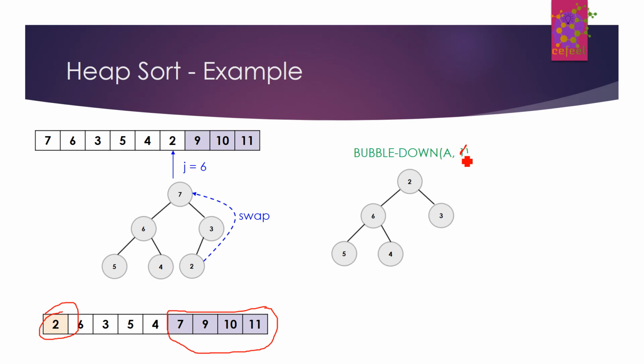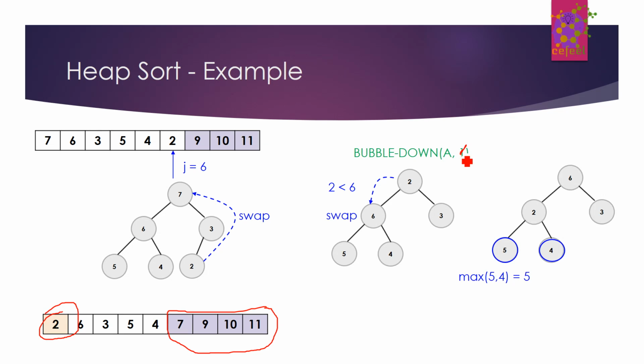So what will happen is we have 2 here, and then we need to bubble down 2. So 2 has to be compared with its children. Its children are 6 and 9, and 6 is the maximum, so we have to compare with 6. 2 is less than 6, which means 6 needs to be swapped up. We swap it. Once we swap it, 2 is at the place of 6, but we are not done yet. We have to compare 2 again with its children.